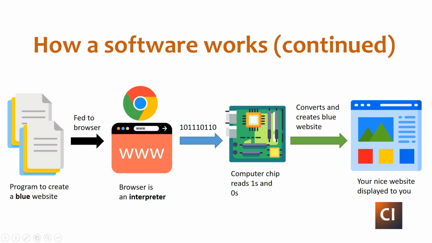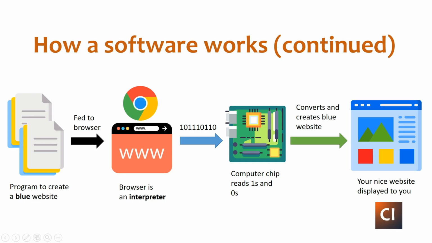Okay, so in the web environment, the browser is usually in charge of that. Now we have compilers and we have interpreters. The browser can be a compiler in some cases, and it's an interpreter in most cases. So it interprets the instructions you've written here into ones and zeros, right? And then it sends this off to the computer. This is very simplified, okay, but it's the core fundamental.